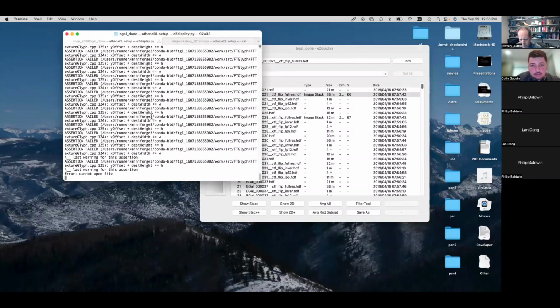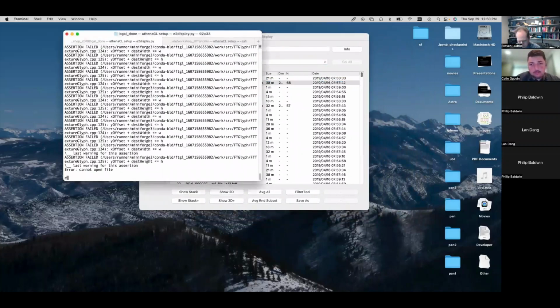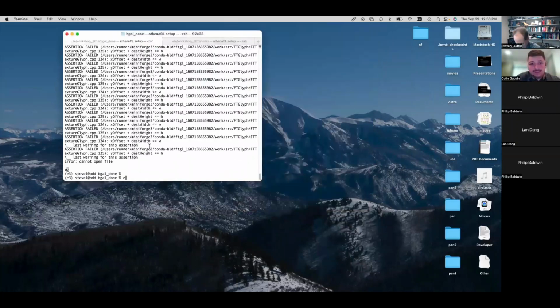Oh, cannot open file. Well, maybe I need to find out more about the Wiener filter. I haven't done that in a long time.